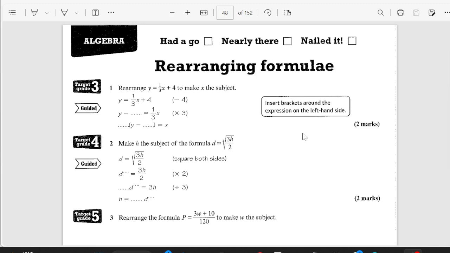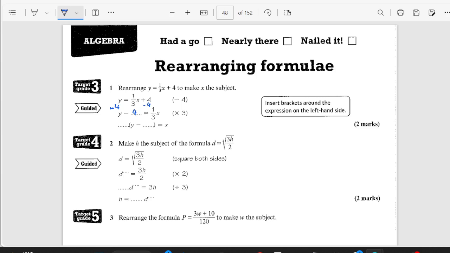I tend to set it out with a minus 4 under both sides if I'm adding scaffolding. But that's just sort of my preference. So that would give me y minus 4 is equal to 1/3 x, and then we're saying multiply both sides by 3.